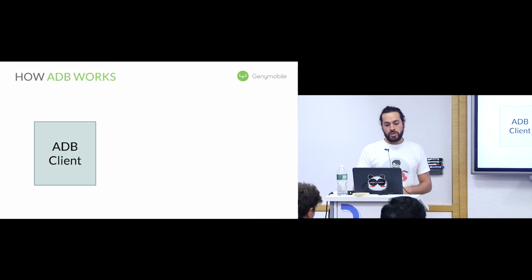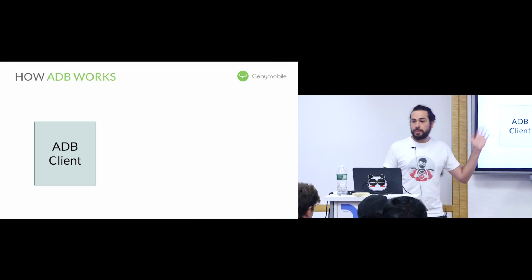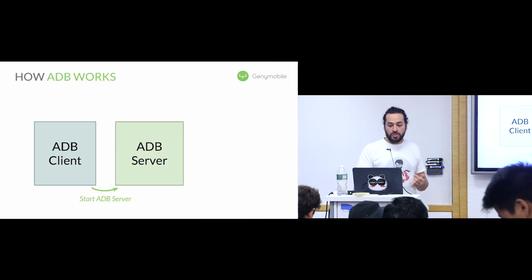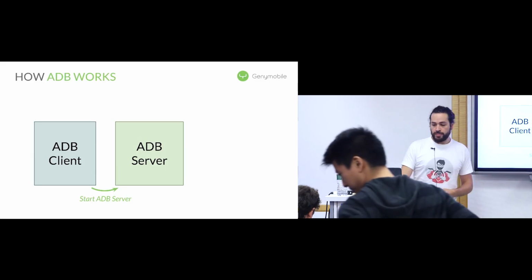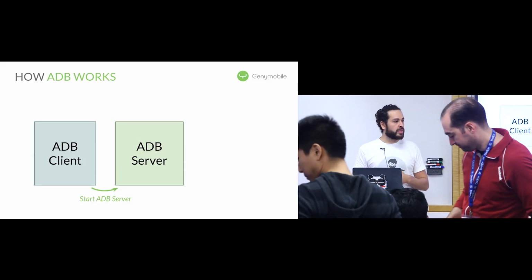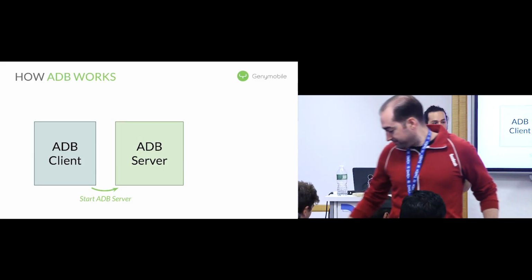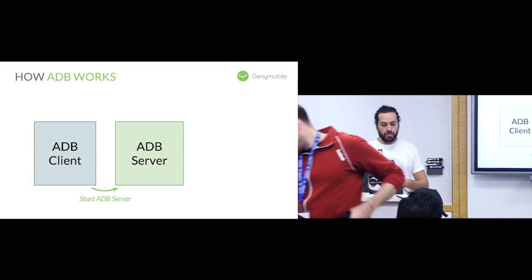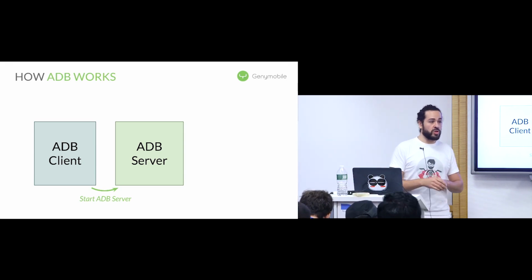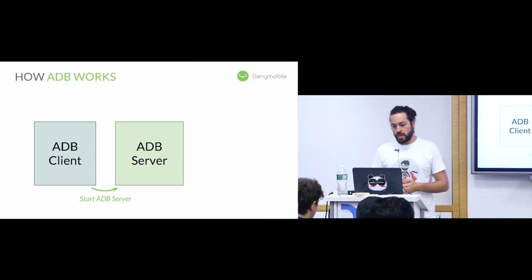The first thing it will do is ask itself a question: is there an ADB server running? If it's not running, it will start it itself. I won't go into too much detail, but there are interesting things that the ADB client is doing to start the server and to verify that it is starting correctly. But you have that in the speaker notes.